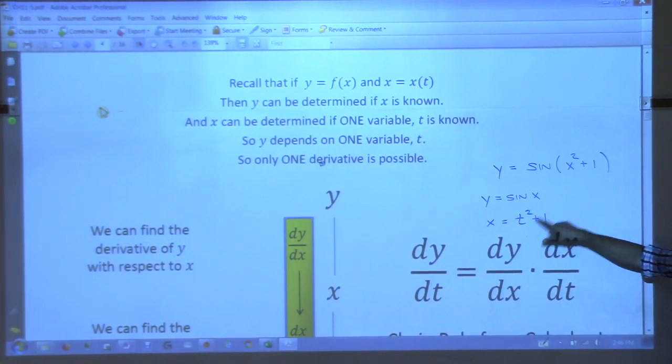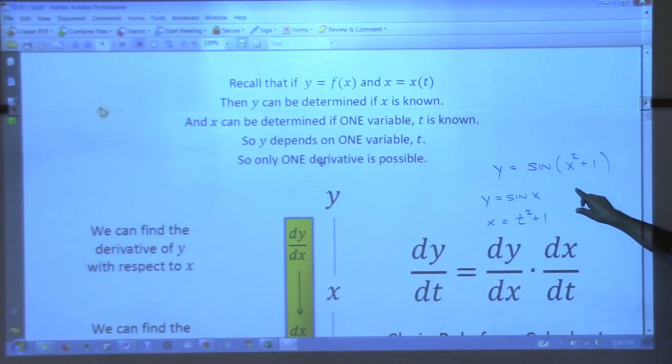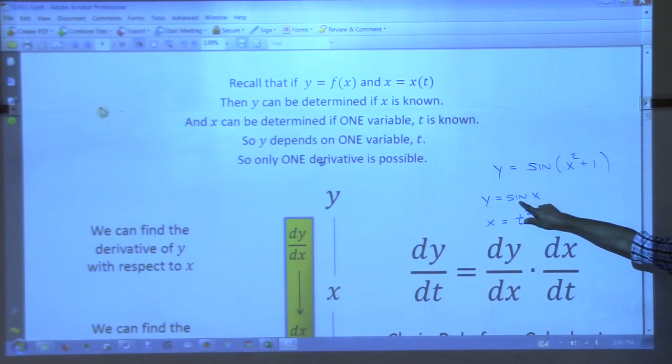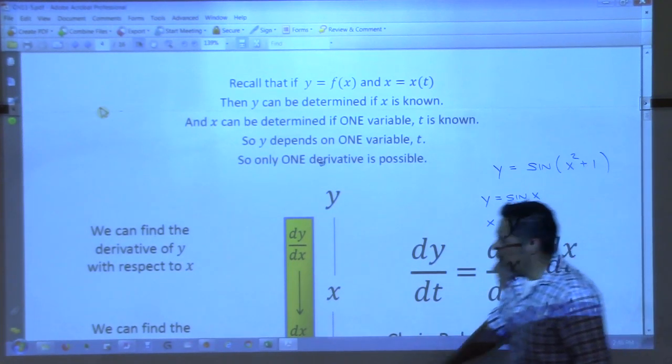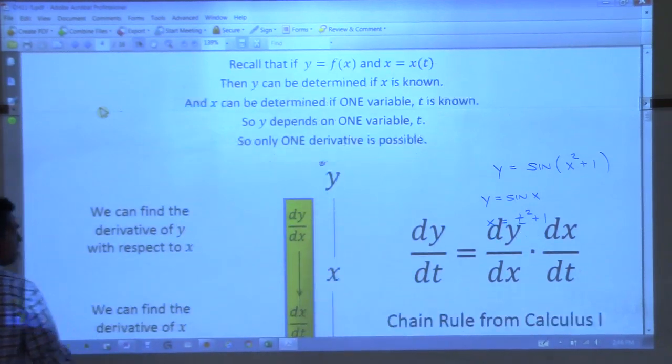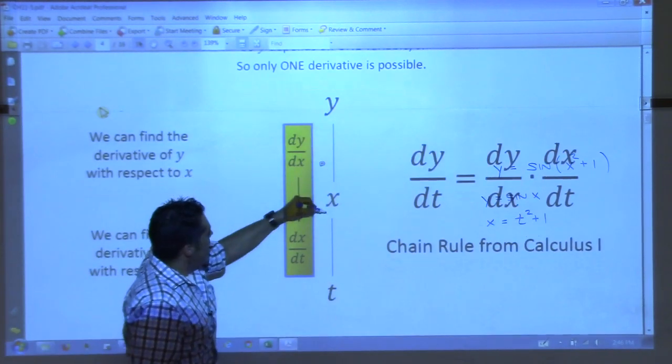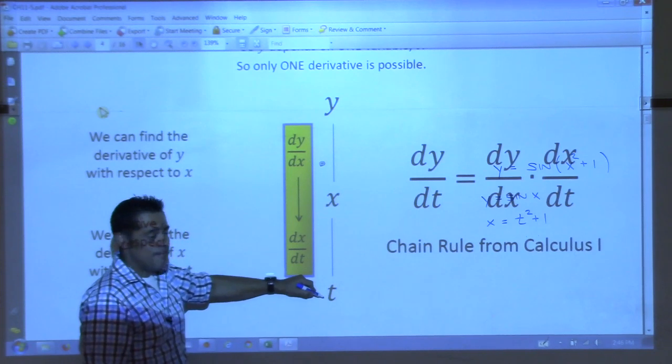If I were to say sine is a function of x, but x is this, then that basically goes in there and we get this, right? So if we put the composition together, we get that. So here, our chain looks like this. We have y depends on x, and then x depends on t.